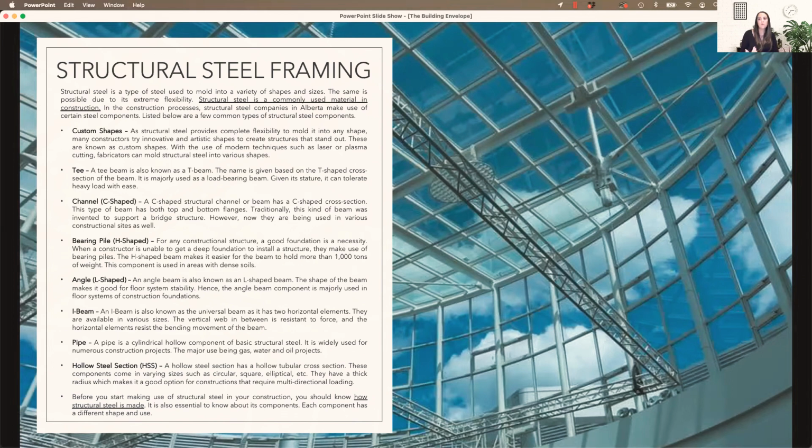So steel is made at a very high temperature, which gives it its strength. Steel can be kind of expensive. But in those larger buildings, you'll definitely see a lot of steel construction.